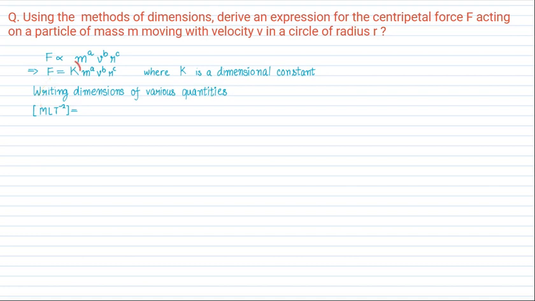So the dimension of F is MLT to the power minus 2. Next, K is a dimensionless constant, so there is no need to write its dimensions. Next is mass.